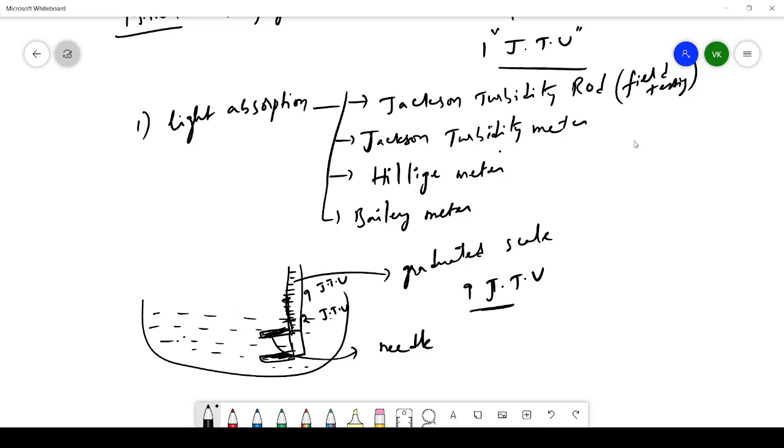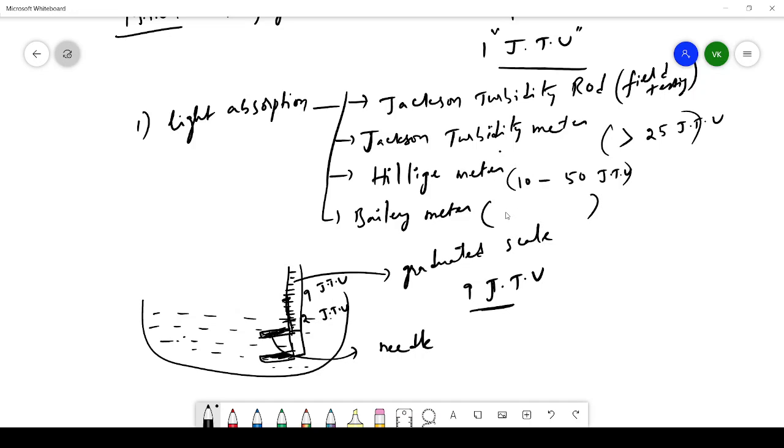Next one is Jackson turbidity meter. Using Jackson turbidity meter, you can measure the turbidity in water only if it is greater than 25 JTU. If it is less than 25, it is not sensitive enough to find out that turbidity. And Hailey meter can only measure the turbidity in water if it ranges from 10 to 50 JTU.